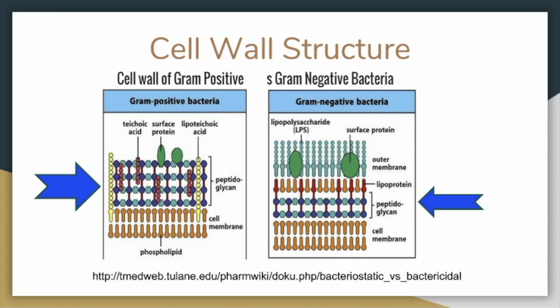I hope this helps you remember that gram-positive bacteria is purple. It has a big peptidoglycan layer, so it's going to be like a sponge and retain that crystal violet dye. Your gram-negative bacteria has a very small peptidoglycan layer. It's not going to be able to retain the initial stain, and it's going to subsequently retain the last stain.